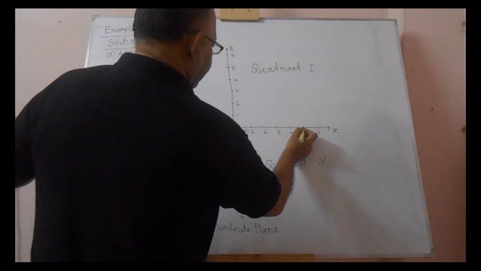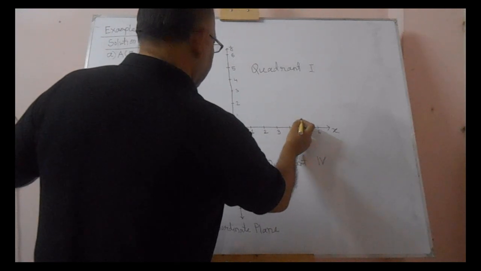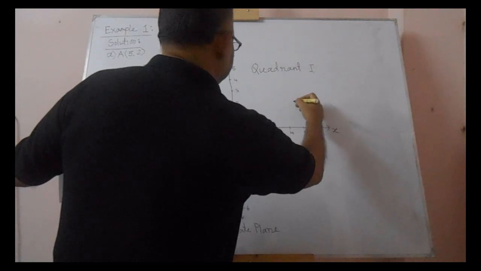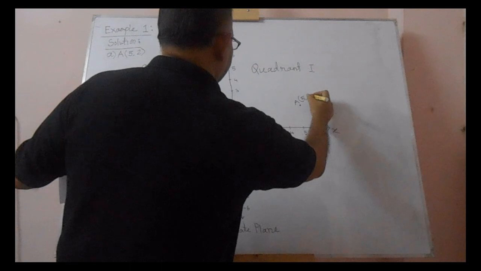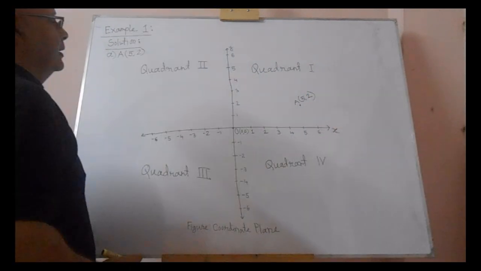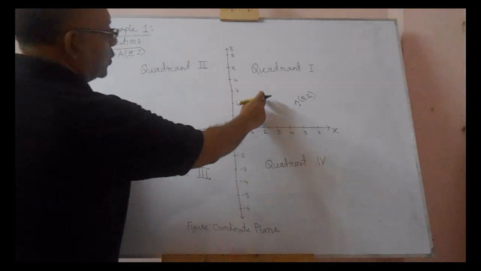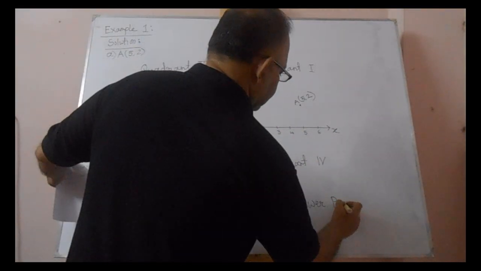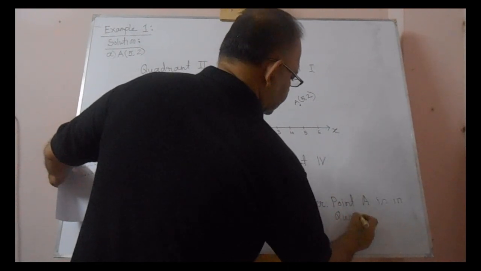So from here we'll go 2 points up on the y-axis since it's positive: 1, 2. So this is the point, and this point is designated as A. Its coordinates are (5, 2). And this point is in quadrant 1. So we can write the answer: Point A is in quadrant 1.